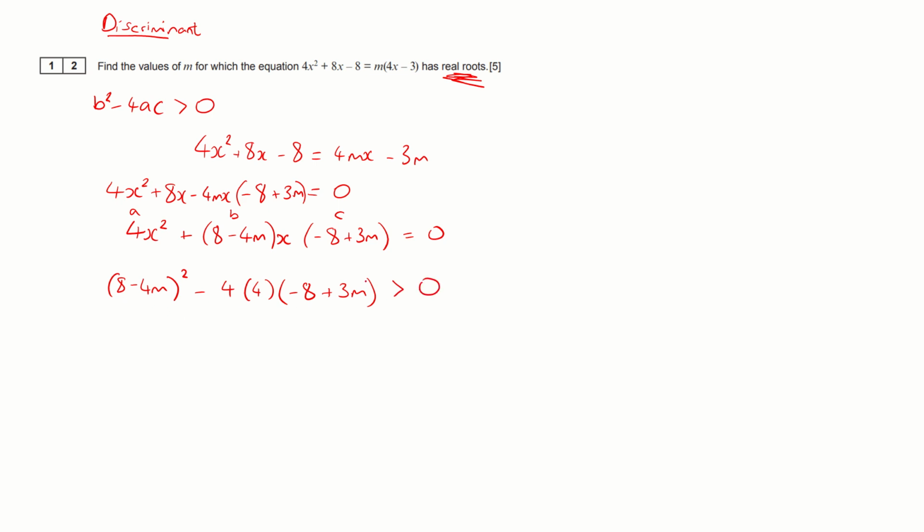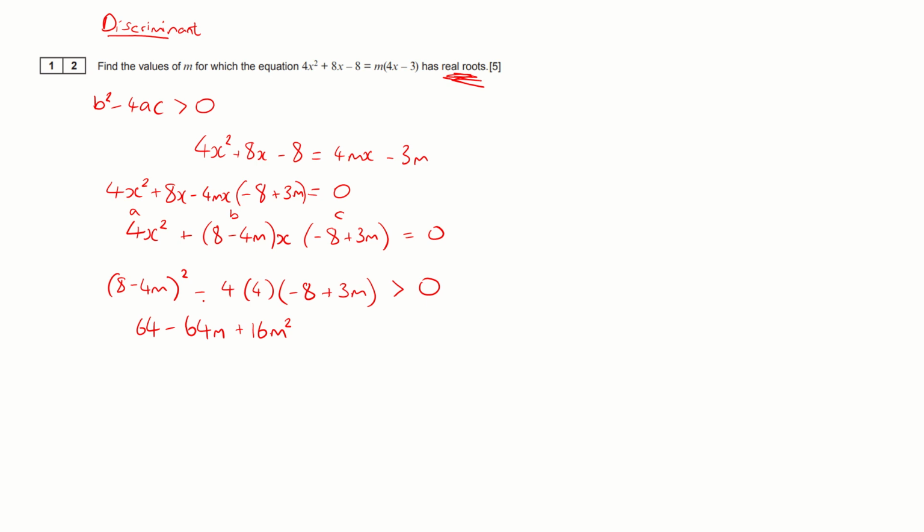This now contains only one unknown, that is letter m, and the question's asked me to find the values of m. So therefore, I'm going to get my answer if I expand this and rearrange it accordingly. So expand my brackets, square the first term, double the product, well, minus 32m, so minus 64m, square the last, plus 16m squared.